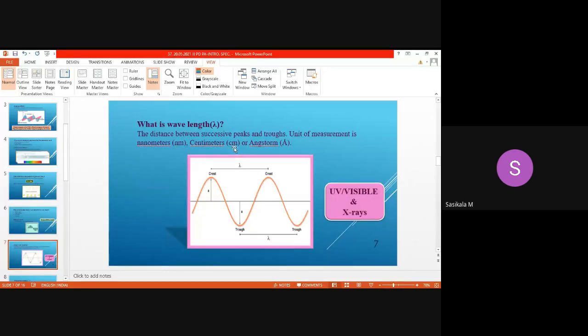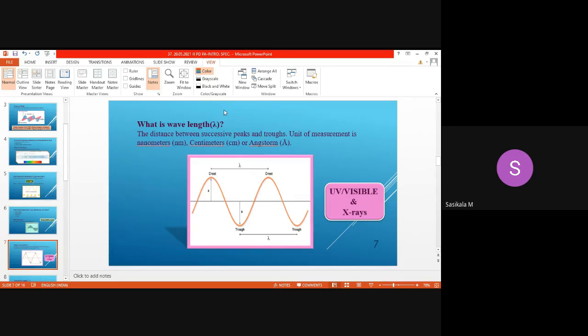Then centimeters, we can also calculate wavelength in centimeters and angstrom. These are all the common units used for wavelength, length or distance units only. With these units, we can measure wavelengths. So wavelength is the distance between two successive peaks or two successive troughs.